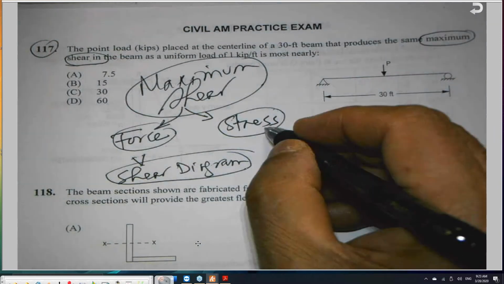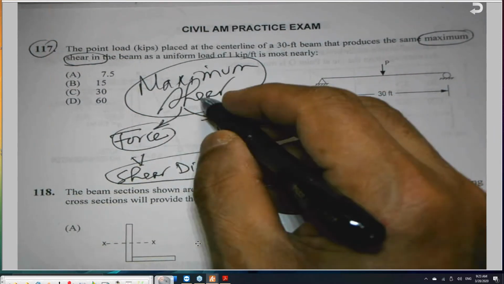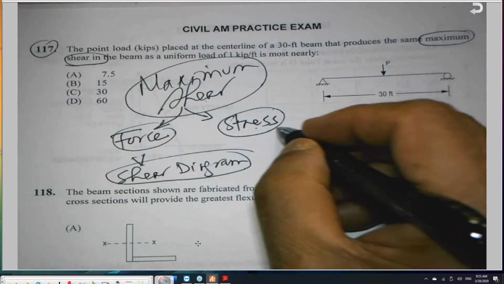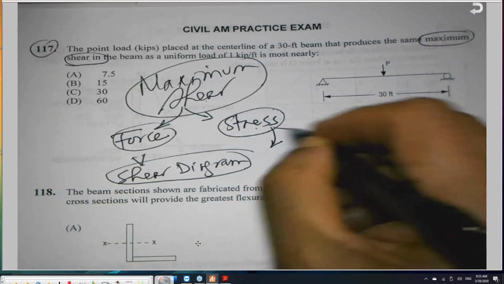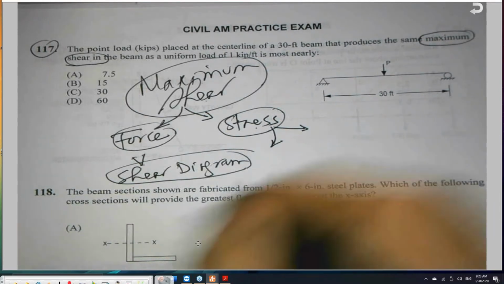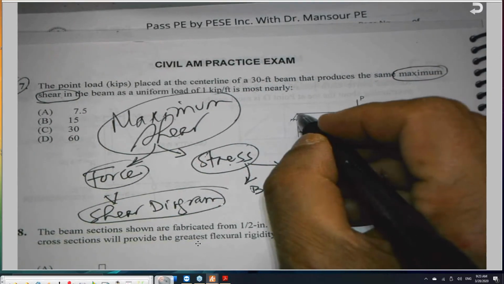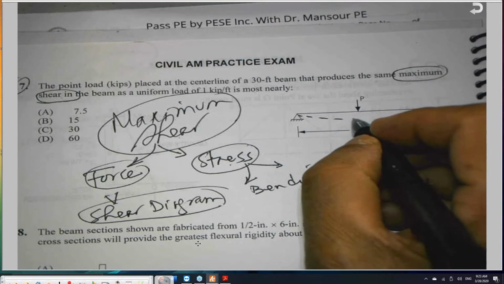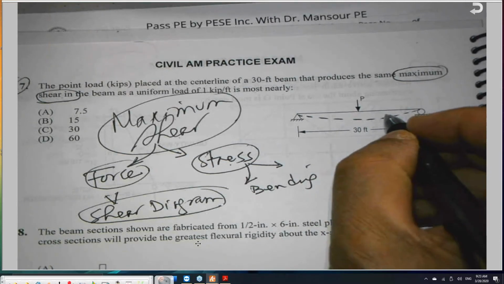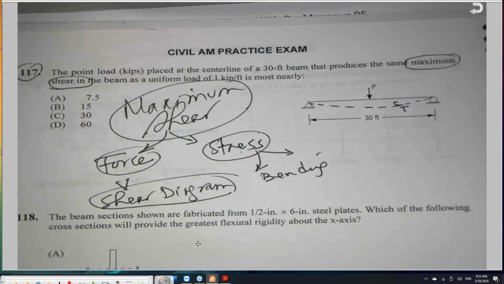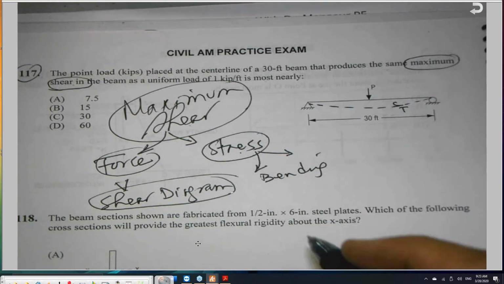Shear stress, if he asks for the maximum shear stress under bending, which is this scenario here, because this beam will be like this. Under the concentrated load, we have compression and tension. So this is bending.